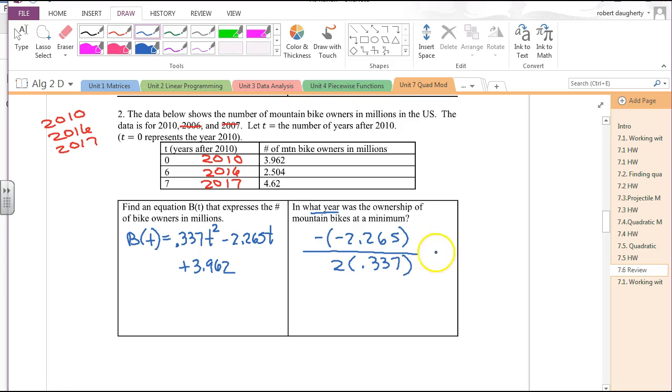So if I figure this out on my calculator, so 2.265 and 2 times 0.337.